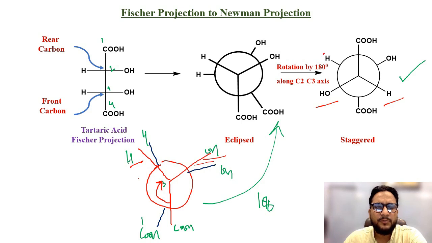There is no change in the position of H as well as OH. So this is the correct representation of the Fischer projection form of tartaric acid into the Newman projection form of tartaric acid.